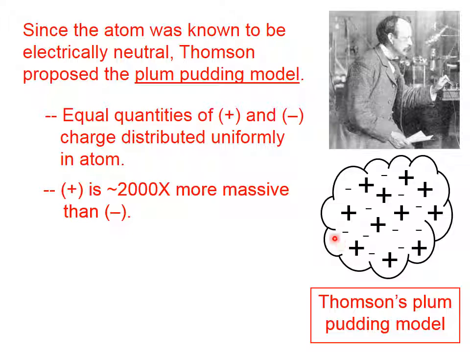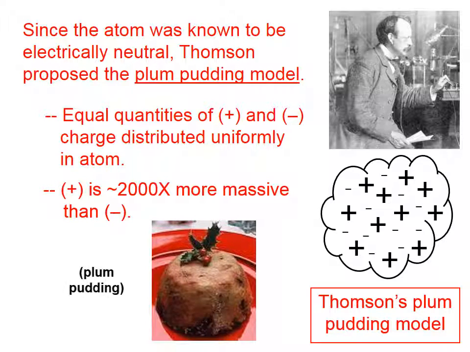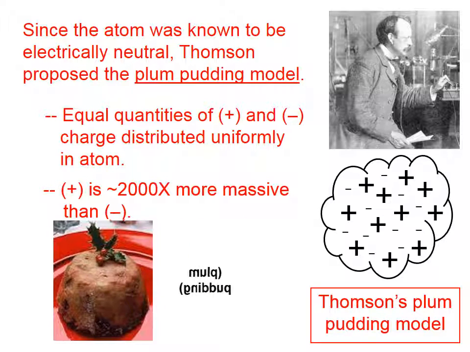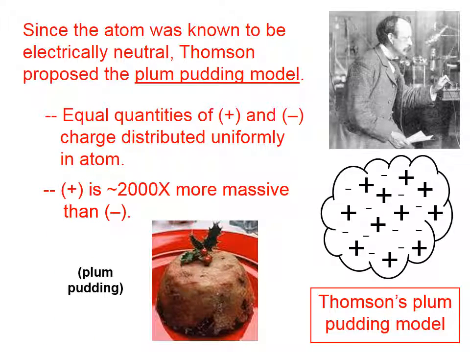embedded in a much larger positive, mushy, squishy type mass, where the amount of positive and the amount of negative charge is equal, although the mass of the positive stuff and the mass of the negative stuff were found to not be equal. Thomson called this his plum pudding model.